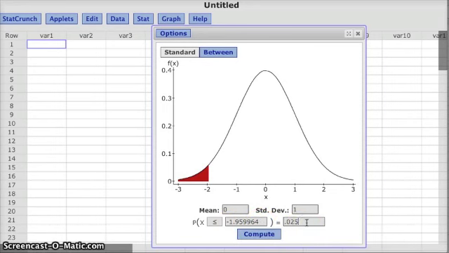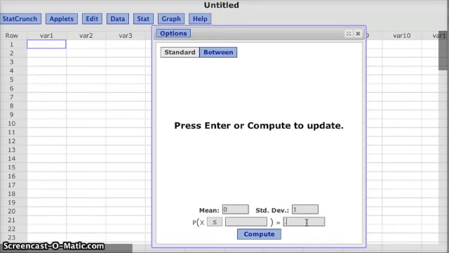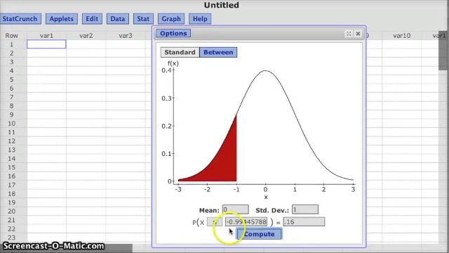Okay, if I do it for the 68% rule, this was 0.16. Again, 16% that was left of what I was looking for. Press compute, and remember we came up with it was between negative 1 and 1, or within 1 standard deviation is 68% of the data. Okay, you can do a similar thing if you're working with the 99.7%.